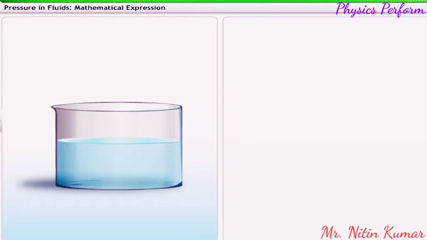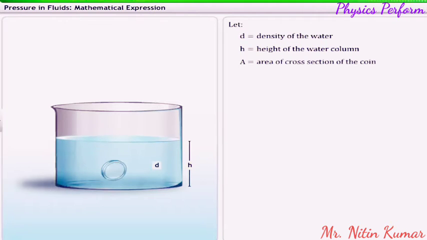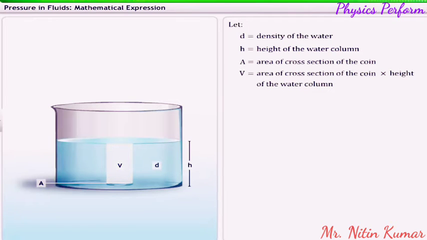To derive an expression for pressure in fluids, let's consider a beaker filled with a fluid, say water, of density D, to a height h. Drop a coin with the area of cross-section A into the beaker. The volume of the water column above the coin, V, is equal to the area of cross-section of the coin multiplied by the height of the water column. This gives us equation 1.